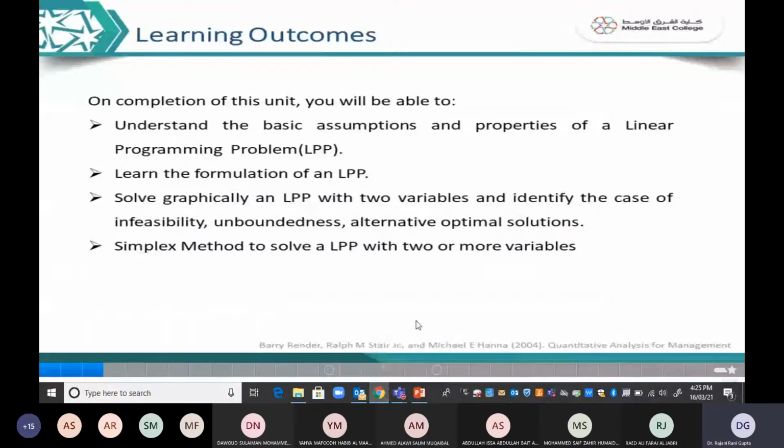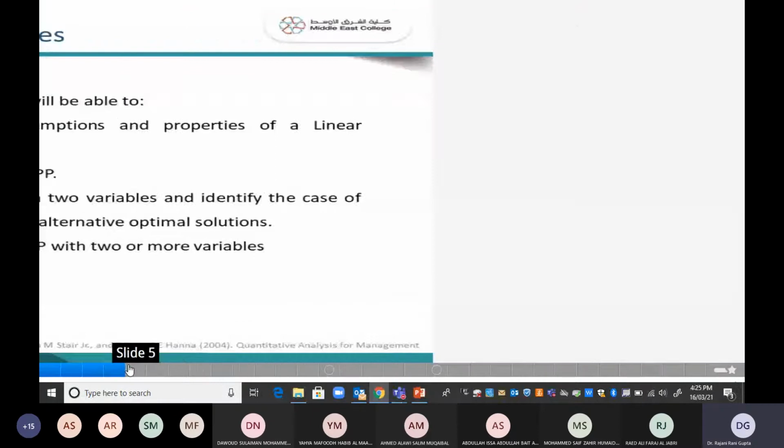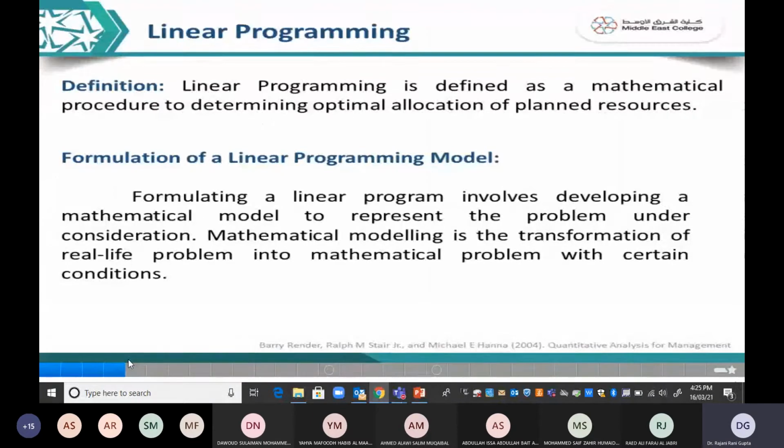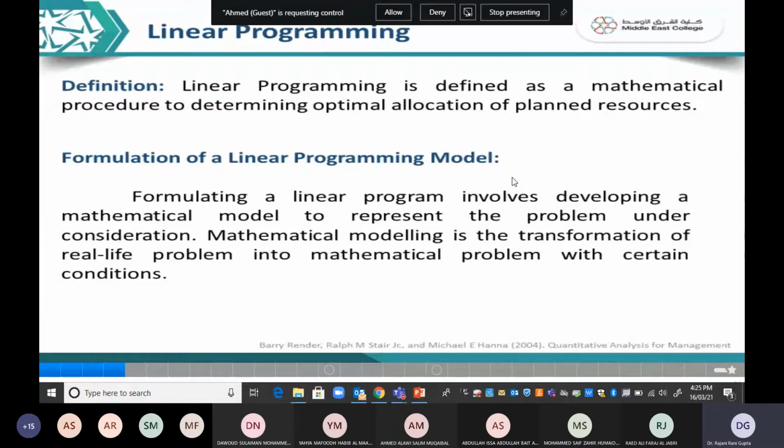So first of all, as I said, linear programming. We studied linear programming, which is nothing but the mathematical procedure to determine the optimal allocation of planned resources.